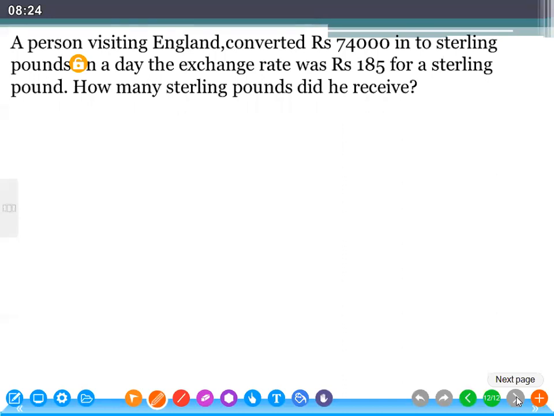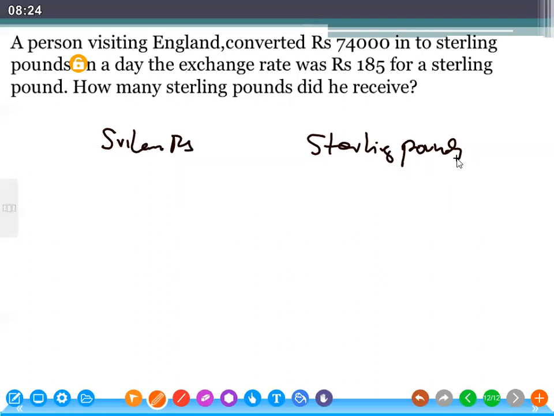See this example. There are two different quantities, that is Sri Lankan rupees and the other one is the sterling pound. So here I'm going to use the definition method.